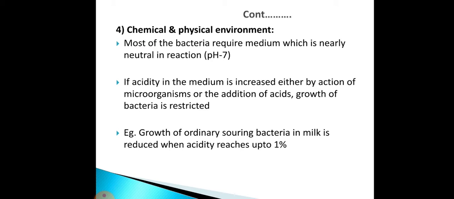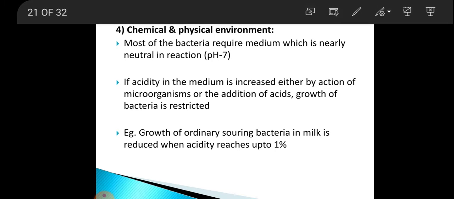For example, growth of ordinary souring bacteria in milk is reduced when acidity of milk reaches 1%.